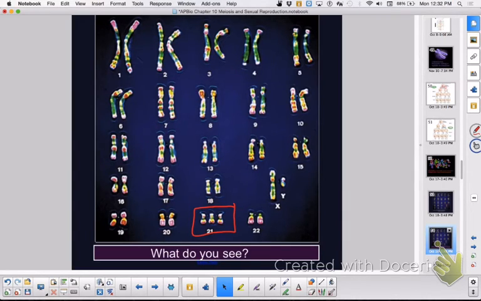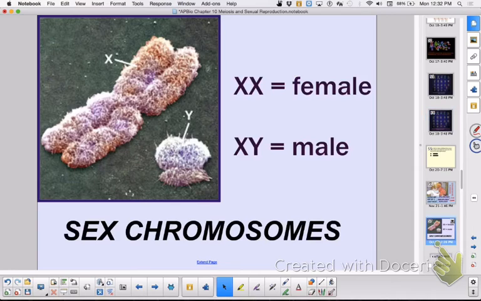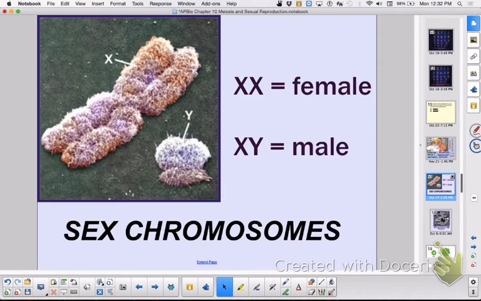Not evidence of crossing over, but evidence of non-disjunction. I couldn't hear what you were saying back there. Oh, were you saying Down syndrome? Yes, specifically Down syndrome, yes. Evidence of non-disjunction.